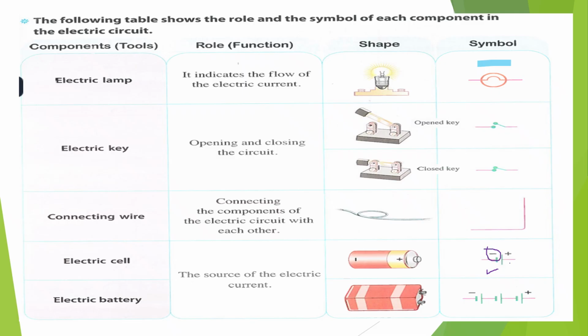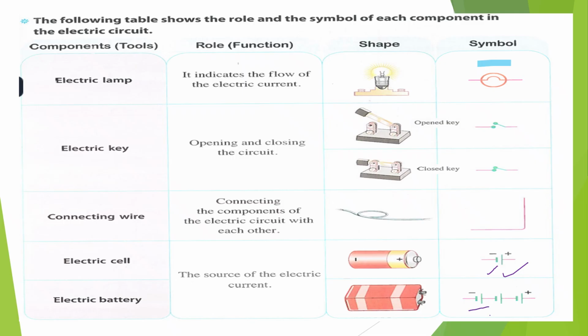On the other side, we have a long or tall line, which represents the positive pole. So the battery or the electric source is represented by two lines, one tall and one short. The short one represents the negative pole and the tall one represents the positive pole.